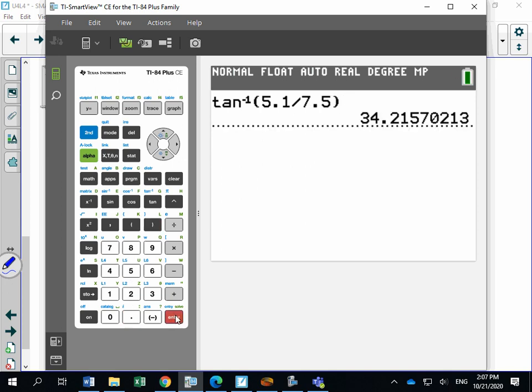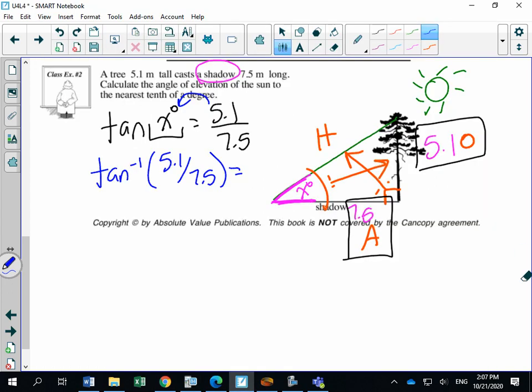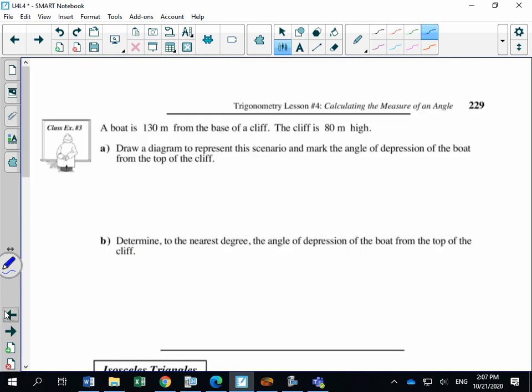Okay, so they want this to the nearest tenth of a degree, so 34.2 degrees. And then I would say angle X is equal to 34.2 degrees. This one, star this guy.